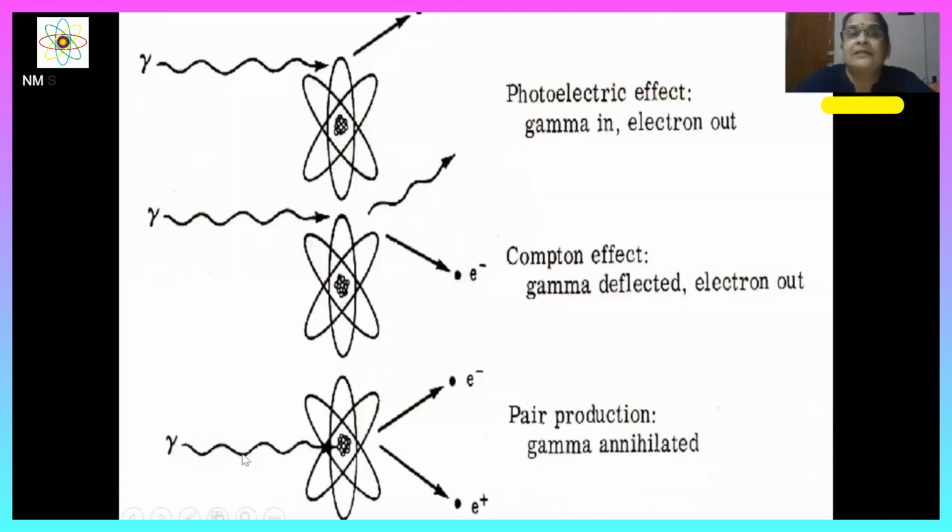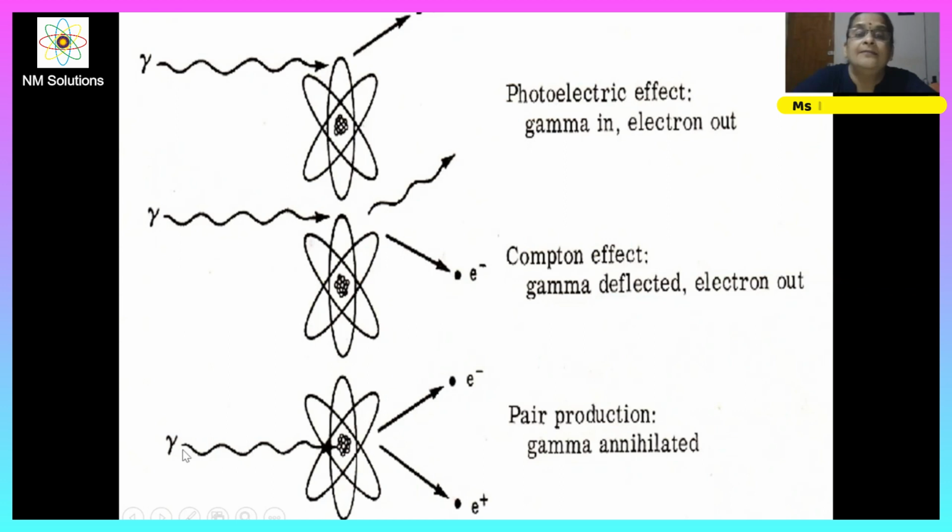Now this is a schematic diagram of the photoelectric, Compton and pair production methods of interaction of this gamma energy with the matter. Here gamma is in and electron is out, there is no extra gamma left, while here gamma is in and the deflected gamma along with the electron is also out.